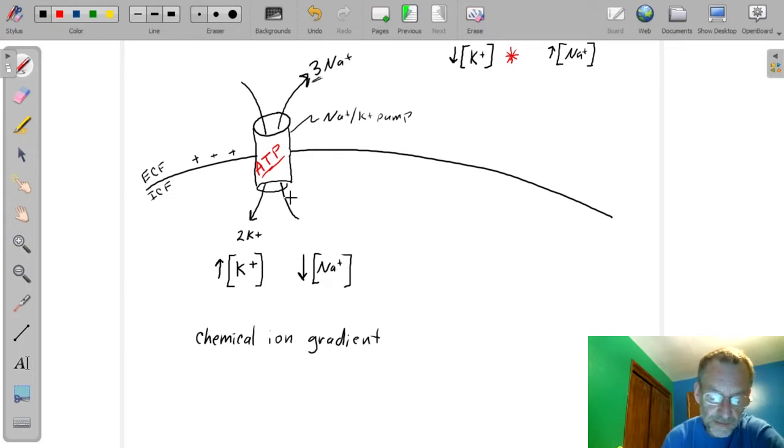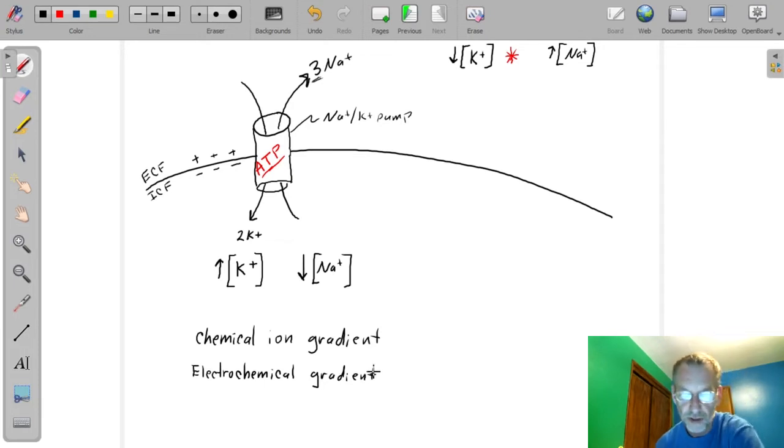So that sets up this electrical gradient that you're familiar with. The 2 together, the electrical and the chemical, are sometimes referred to as the electrochemical gradient. Sounds fancy and complicated, but it's not. Electrochemical gradient just means that there are differences across the membrane. Okay, that accounts for some of this resting membrane potential.